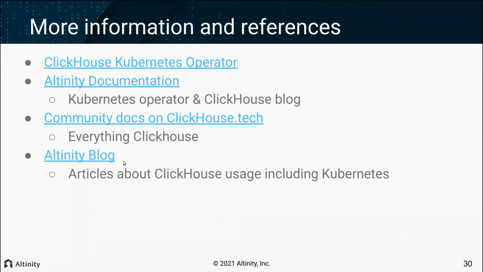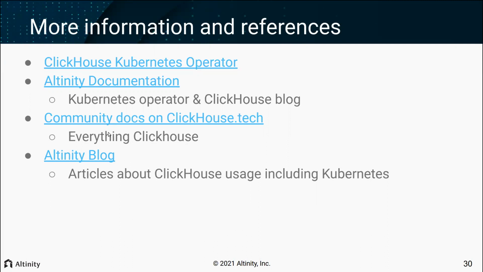So here's how to get more information. This will basically get you started. So you can go and look at the code for the ClickHouse Kubernetes operator. Just Google that, or when you get these slides, the link will take you to the GitHub project. We also have Altinity documentation at docs.altinity.com. There is documentation for how to install the Kubernetes operator and bring up clusters in Kubernetes.